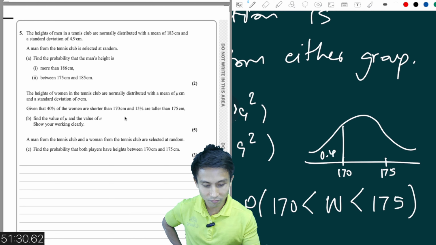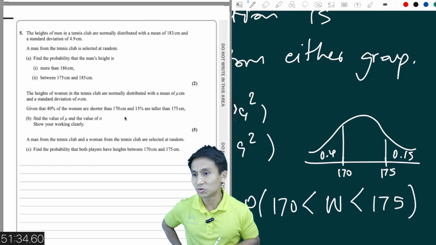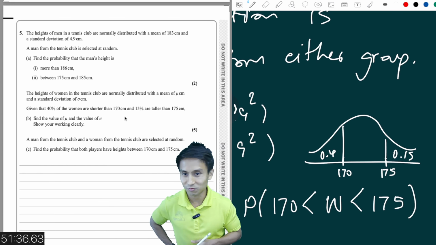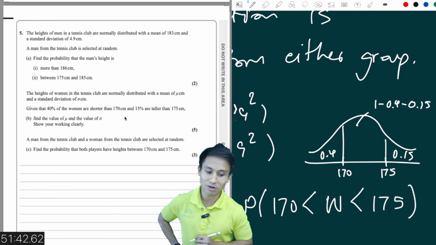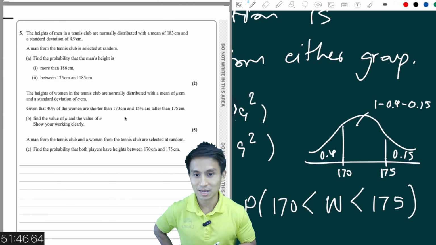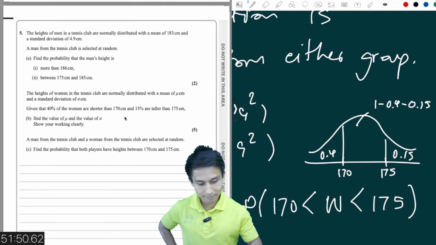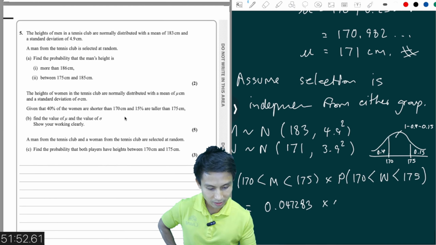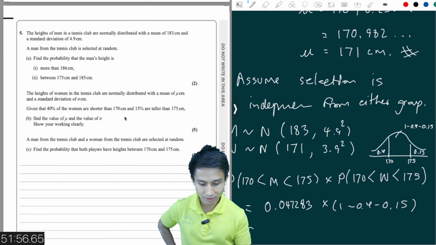And this is 0.4, this area is 0.15. We don't need to do the bell curve formula there. We just do 1 minus that and that to get that area. This would give you a more precise answer. So that would just be 1 minus 0.4 minus 0.15.